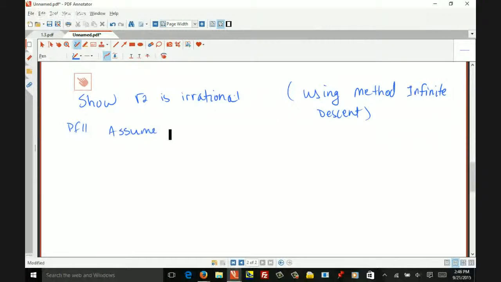What's the definition of rational? Yeah, and so there exist, the book calls them A and B. Let me use A and B to follow the book.